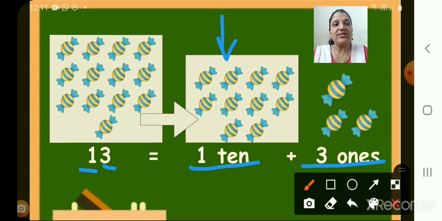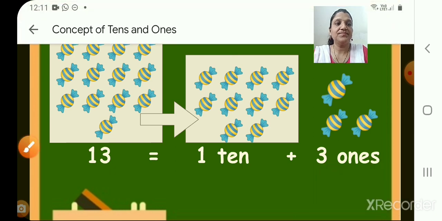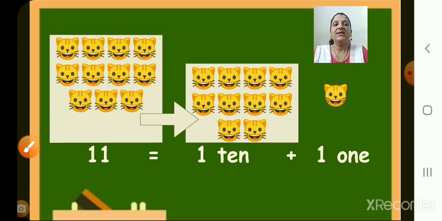Have you understood this, children? Let's take next example. Children, here in the first box there are 11 cats. Now, out of these 11 cats, we took 10 cats and made one group.